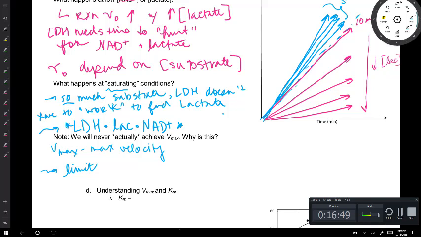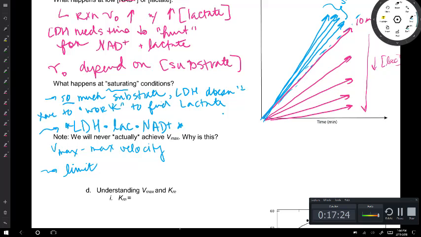All right, and so again, at low concentrations, the enzyme has to work to find its substrate and cofactor, so the velocity we see is going to be dependent on how much substrate and cofactor is around. But once we achieve saturating conditions and all of the enzyme is filled with substrates at any given point in time, the enzyme velocity that we measure no longer becomes dependent on how much substrate is around, and instead it's just dependent on the chemistry.